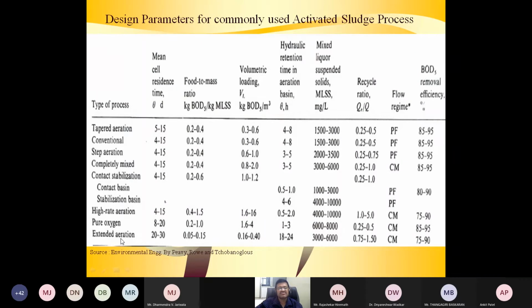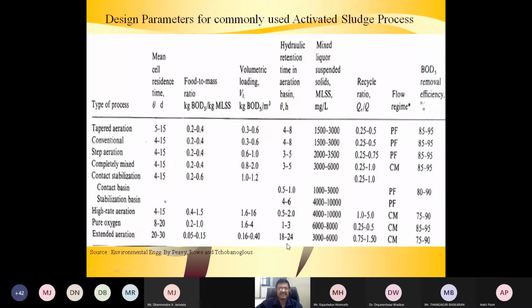The extended aeration system is the system of activated sludge where the hydraulic retention time is around 20 to 24 hours. It means your wastewater will remain there for 20 to 24 hours, not 4 to 8 hours.